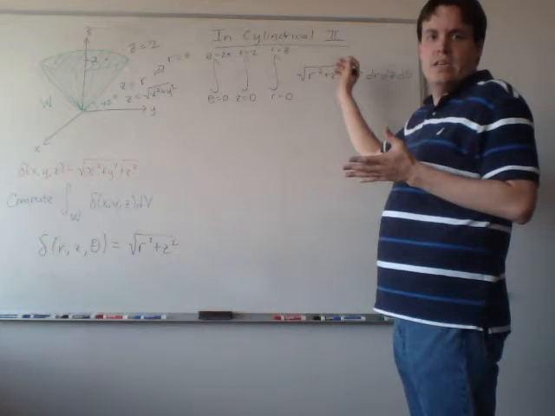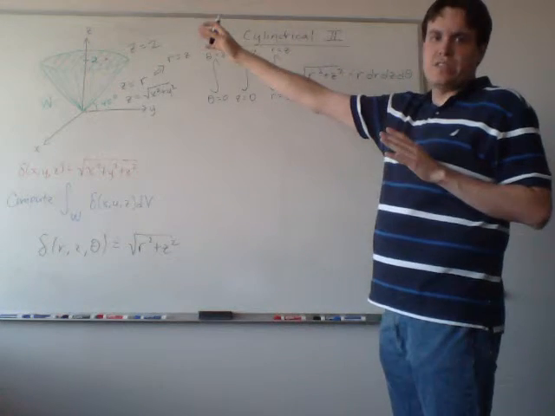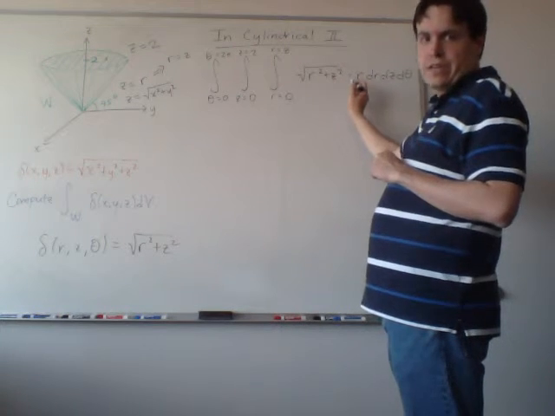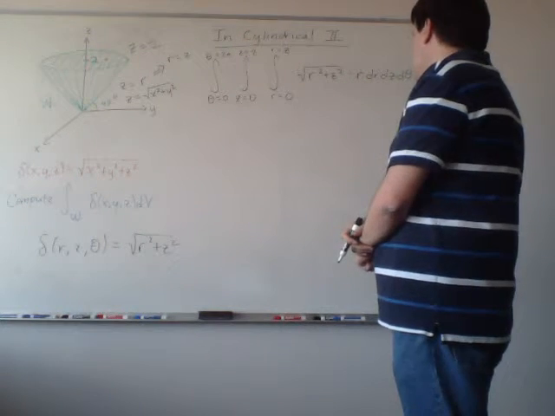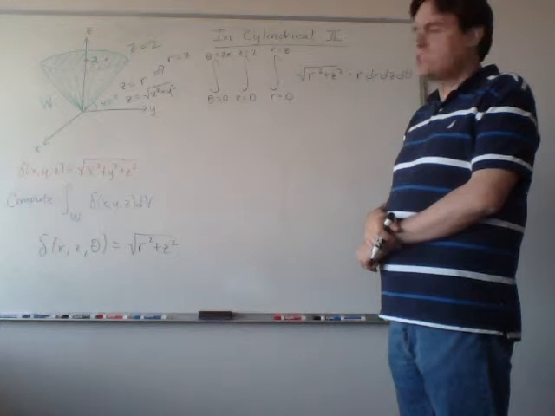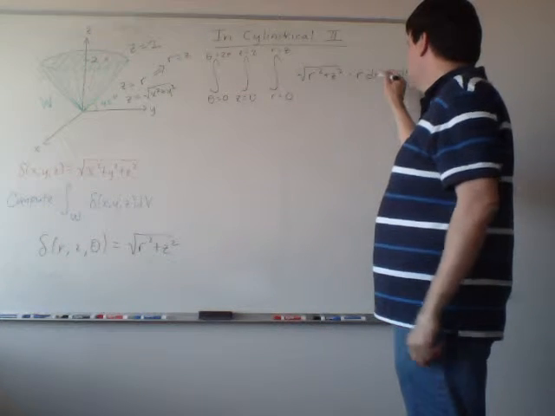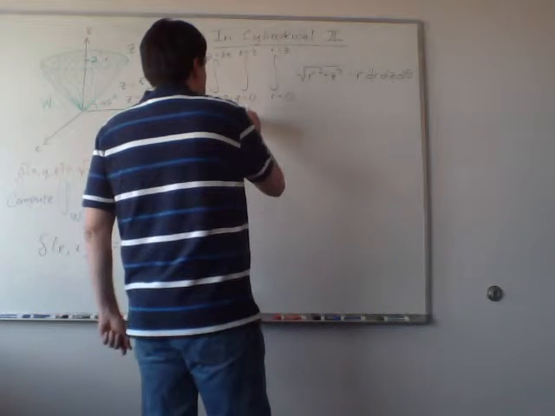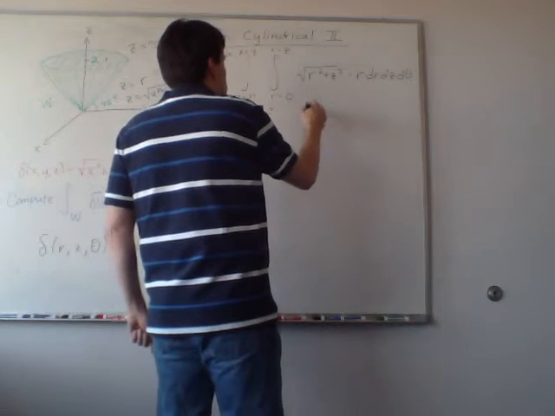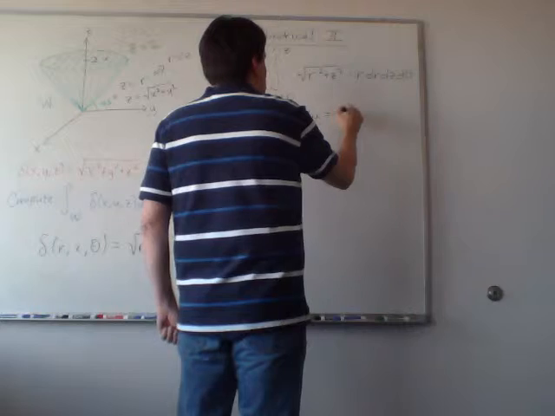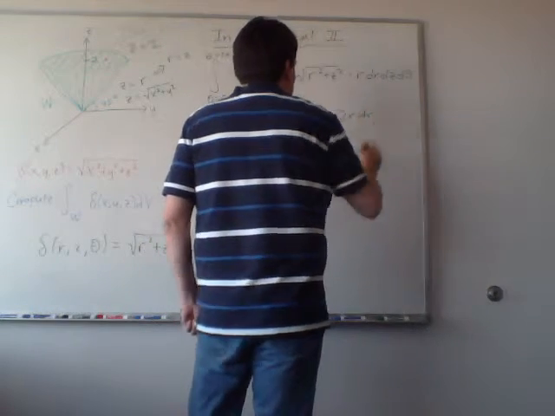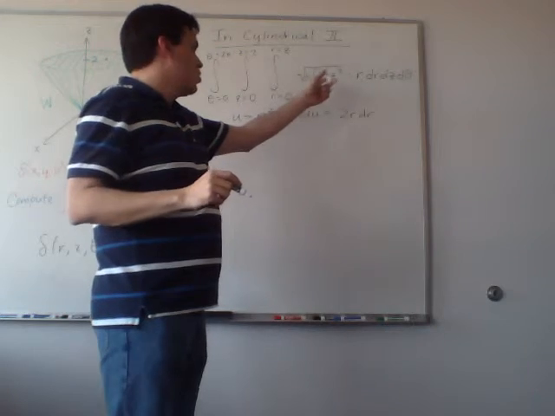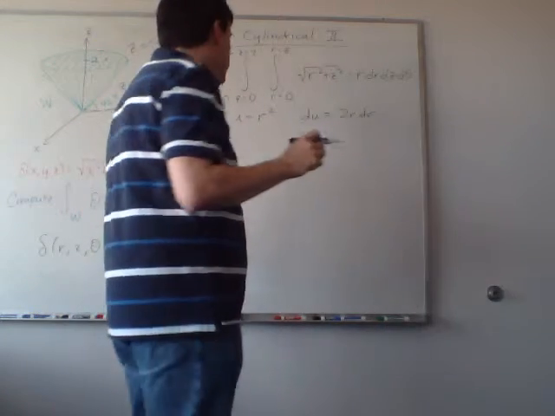Okay, so now I have this integral set up. I feel pretty confident that this is accurately describing the solid and the function I'm integrating, and of course the volume element. Still got that extra r there. So let's see if this works. Let's see if we can actually integrate this. I'm integrating with respect to r first, so I'm going to try my usual trick of letting u equal r squared and du equal 2r dr. So what I have here is r squared plus z squared, quantity to the 1/2.